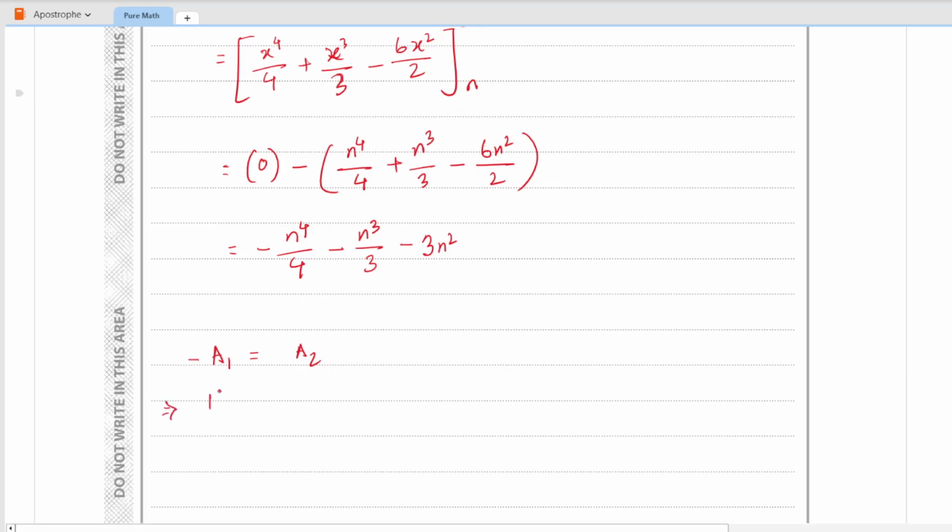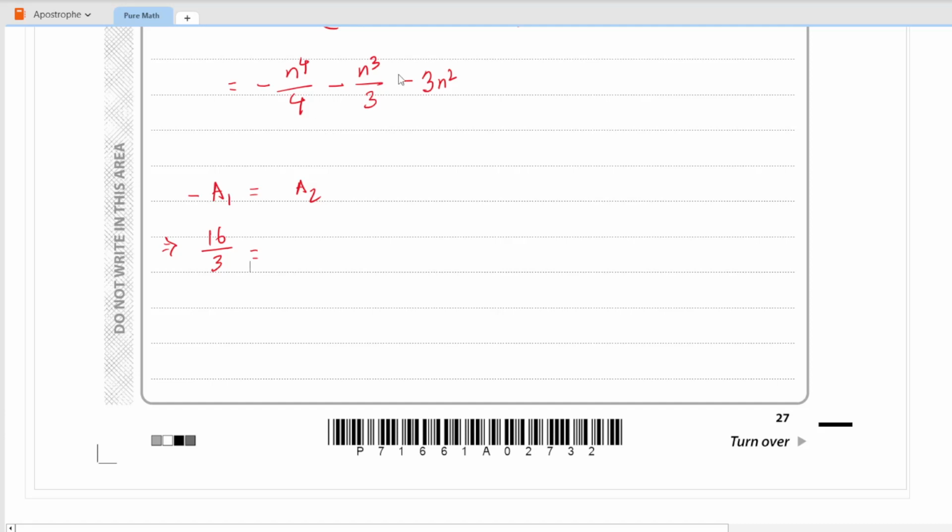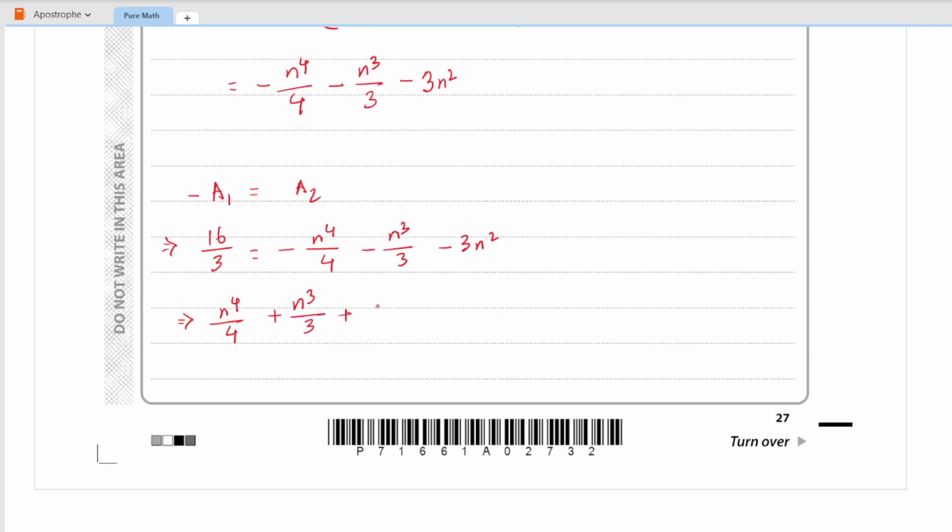So 16 over 3, which we had in here, equals this: minus n to the power 4 over 4 minus n cube over 3 minus 3n squared. We can move everything to this side: n to the power 4 over 4 plus n cube over 3 plus 3n squared plus 16 over 3.